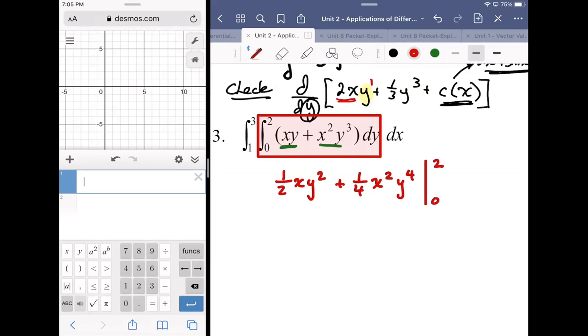So now what I want to do is apply the fundamental theorem of calculus by substituting the relevant variable here, which is y. So I'm going to substitute the 2 and then the 0 in for the y's. And so what I should end up with is an expression in terms of x.